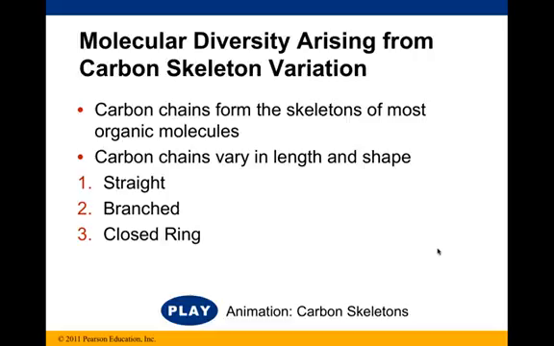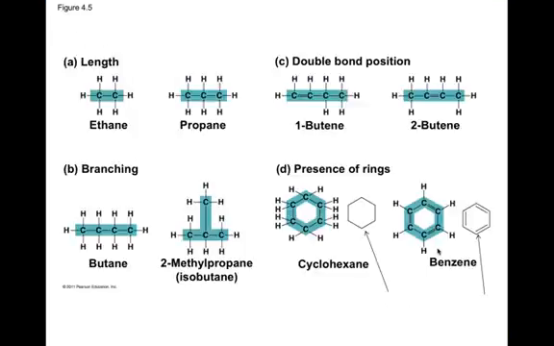A chain of carbon atoms which are bonded to each other by covalent bonds, non-polar covalent bonds. And there are three types: straight, branched, closed ring. Look at the screen and try to guess how many are straight.